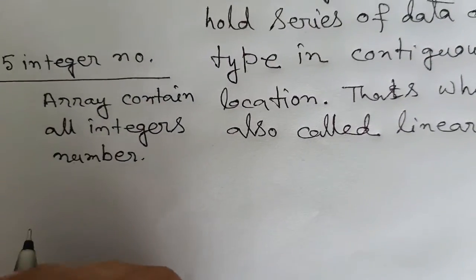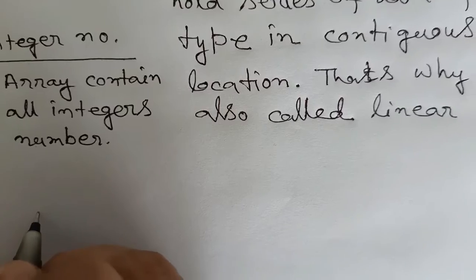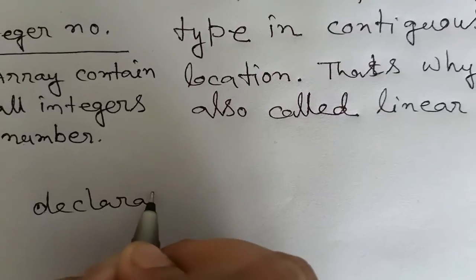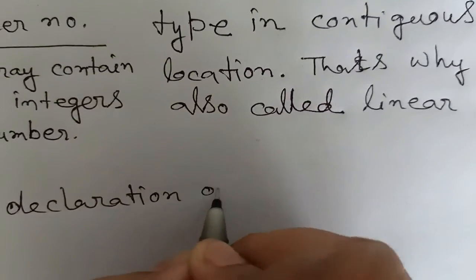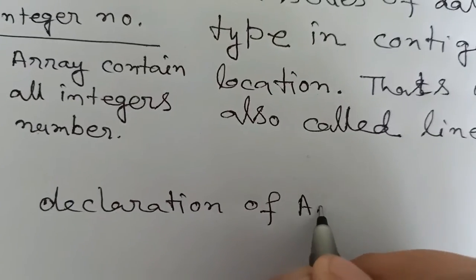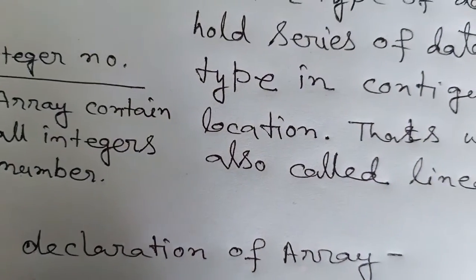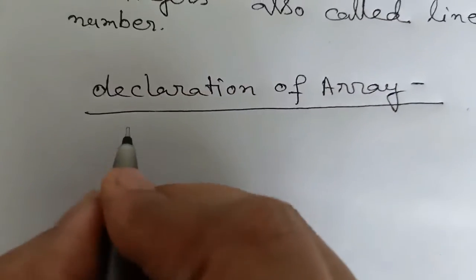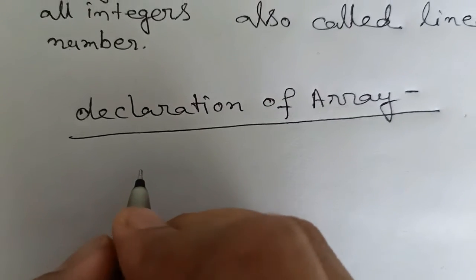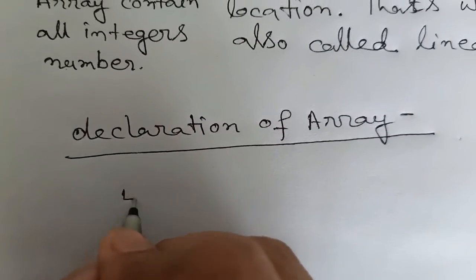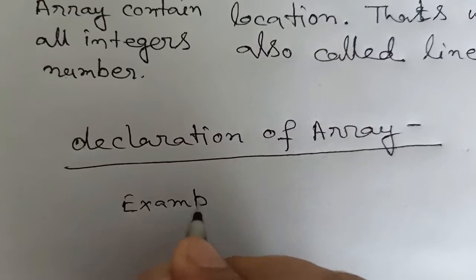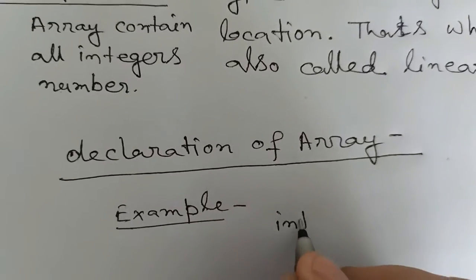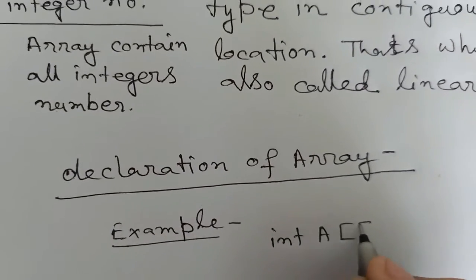So how do you declare an array? In a very simple way. As an example, int a[5].